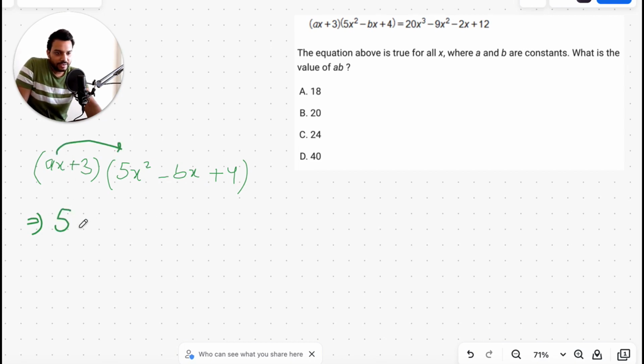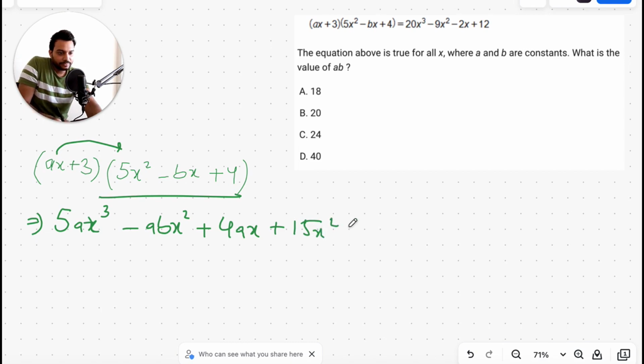So 5a x cubed, then negative ab x squared, plus 4ax, plus now 3 times the right parentheses. So 15x squared, 3 times 5x squared, minus 3 times negative bx is negative 3bx, plus 3 times 4 is plus 12. Okay, let's see which terms we can combine.